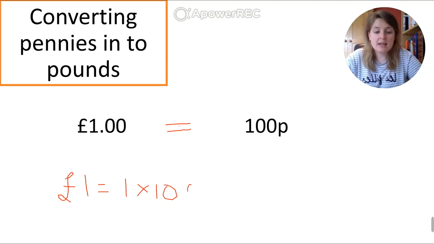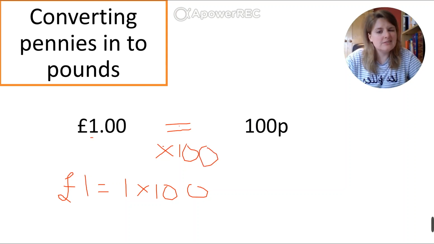And that's what's happening. £1, when I times that by 100, I will be able to convert that into pennies, because I'm converting my 1, I'm timesing it by 100, and that is 100. I'm timesing it by 100, and that is giving me my 100 pennies.